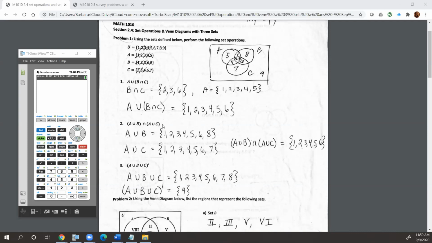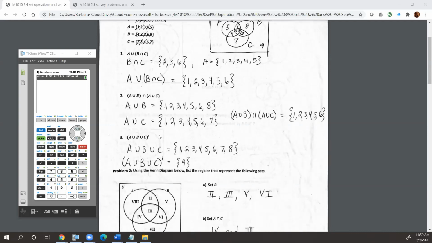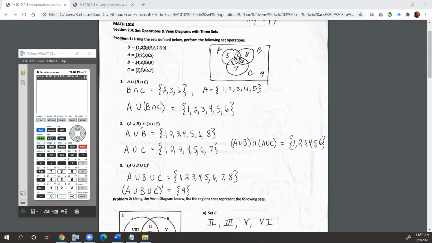In problem number 2, we're looking for the intersection of the sets A union B and A union C. The union is everything in A or B or both. So the union of A and B is 1, 2, 3, 4, 5, 6, 8.